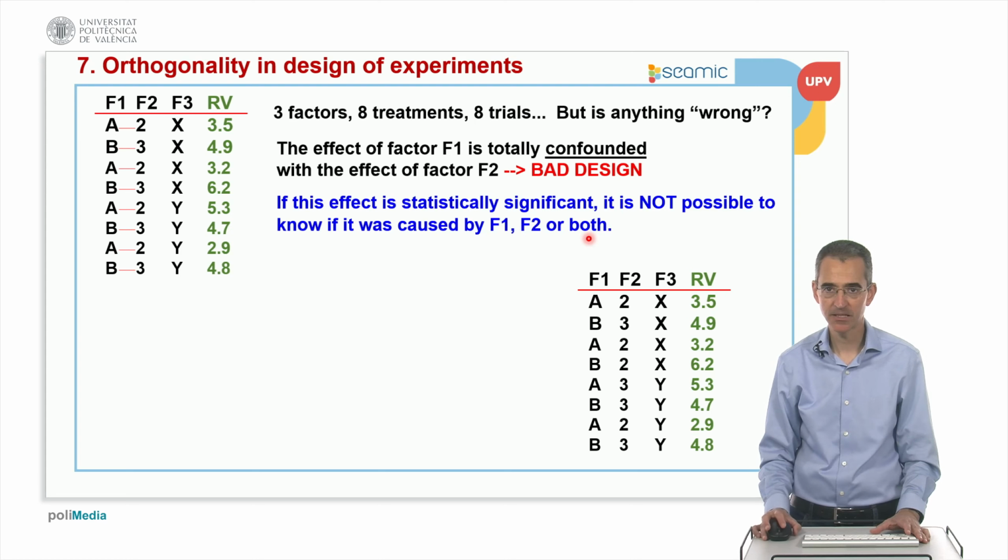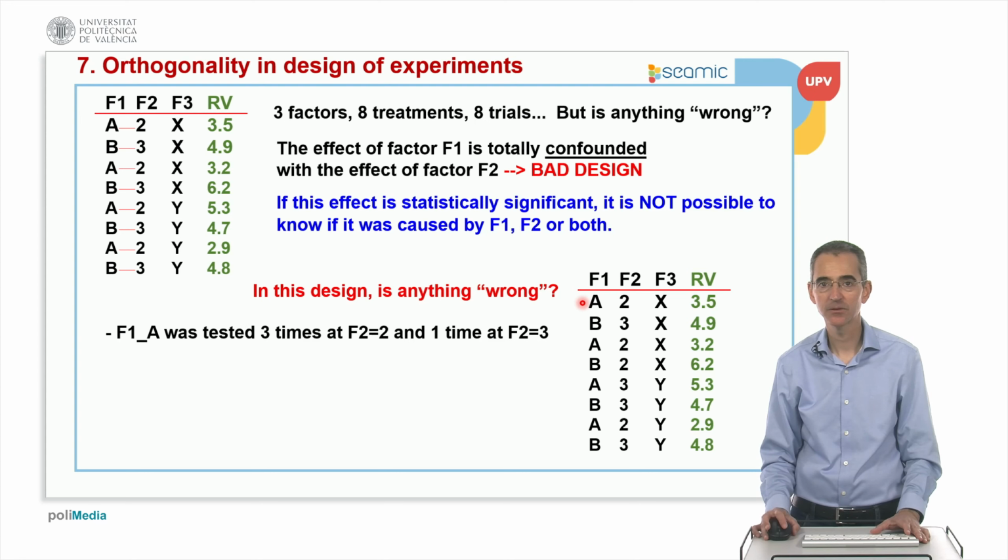Well, this is a second example. In this case, more or less, we have the same experiment. And the question is, is this a good design or a bad design? Well, is anything wrong? We can see that A is paired here with 2: A2, A2. A3 just appears once here.